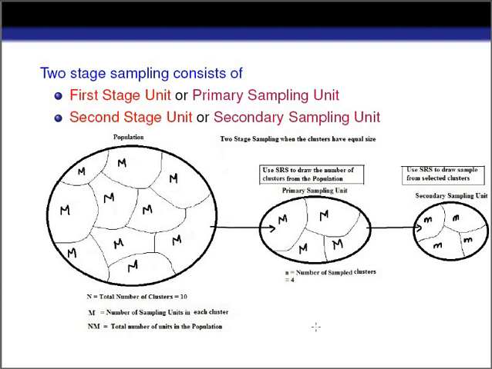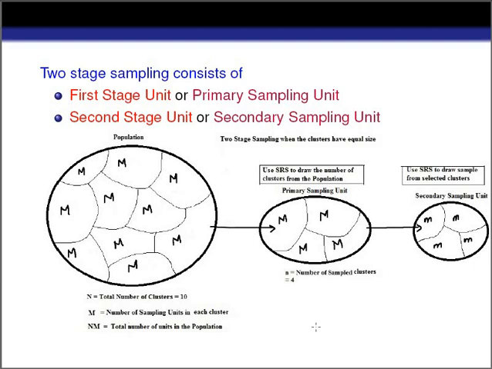Two-stage sampling is a special case of cluster sampling, which means whatever concepts we discussed in cluster sampling will be required here also to understand the process of two-stage sampling. In two-stage sampling we use both the concept of one-stage sampling as well as stratified random sampling, and it should be very clear to you by the end of the video.